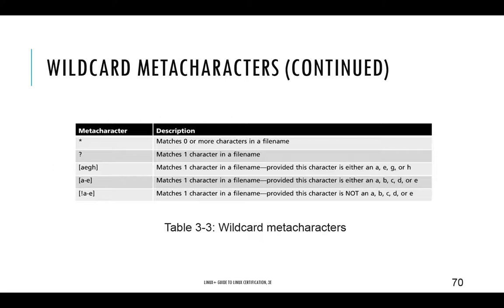If you're looking for one character, you can do A question mark, and it'll bring all the names with A in it. If you put it in brackets, like AEGH, it'll look for everything that is either an A, E, G, or H. If you do A through E, it'll look for everything that's A through E. And if you put the not in there, it'll look for things that are not A through E.